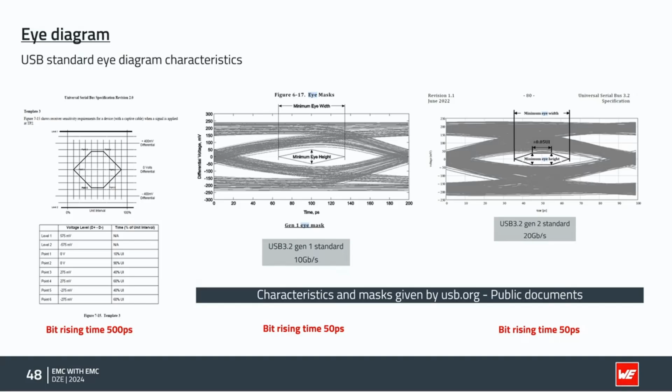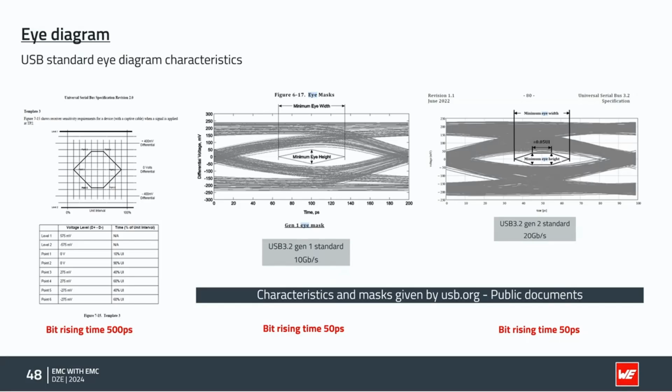if we want to have a pass. Of course, depending on the signal speed, or in this case, depending on the USB standard, we have rise times that go up and up and up. USB 2.0, rise time of 500 picoseconds. USB 3.2 Gen 1 and Gen 2 already has a rise time of 50 picoseconds. If you increase your rise time, you will increase the challenges you will see.